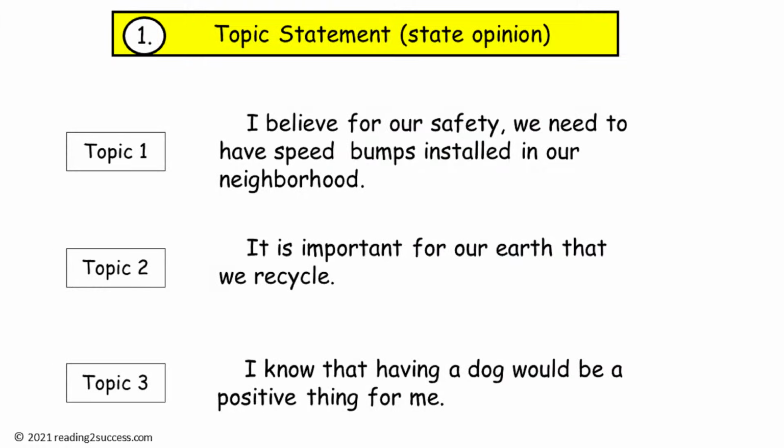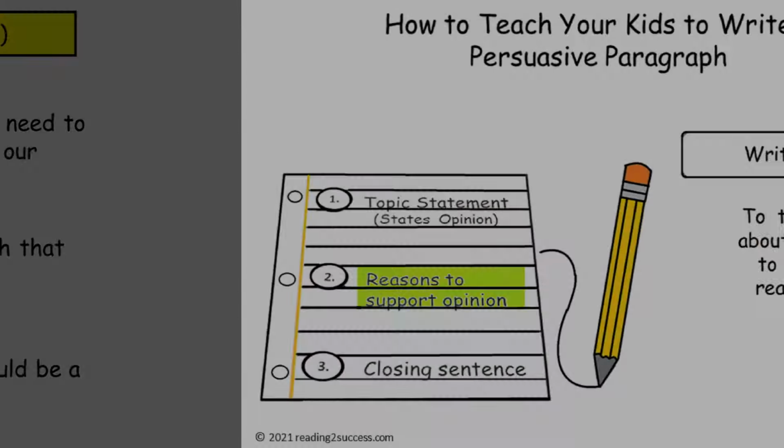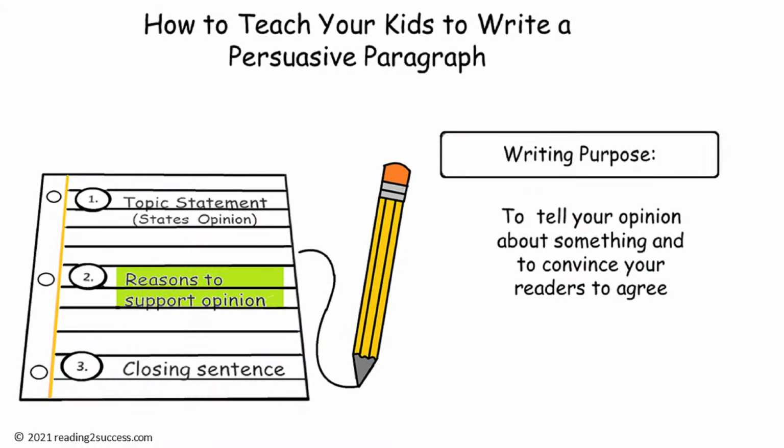So now with our 3 persuasive topic statements, we can teach kids how to build a paragraph. In this section, the writer should list 3 strong reasons to support the topic statement and convince the readers to agree.